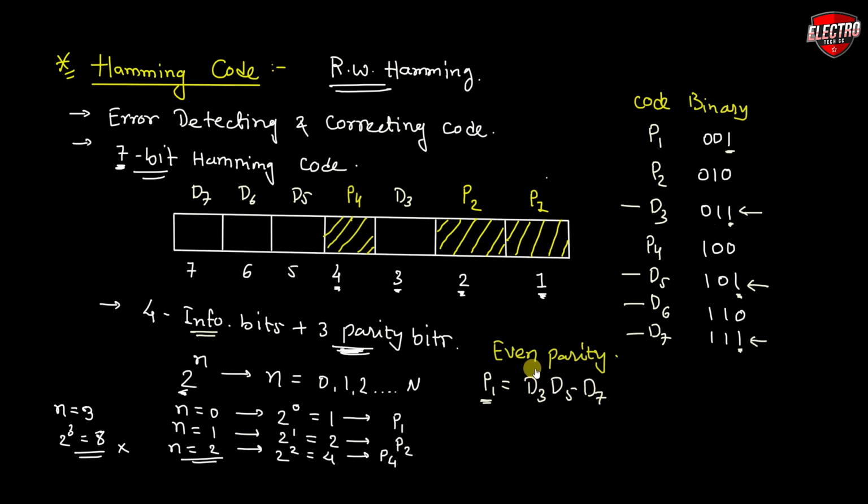If we want to use an even parity, then the number of 1s in all these 4 bits is equal to even. For example, the 4 information bits are 0, 1, 0, 1.